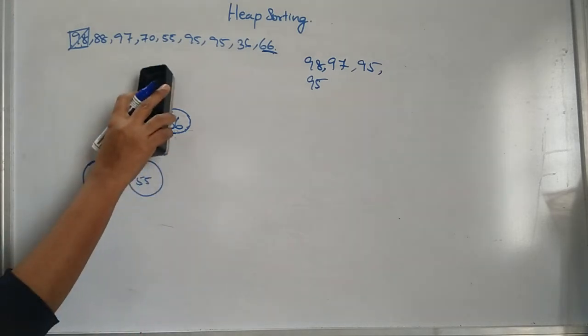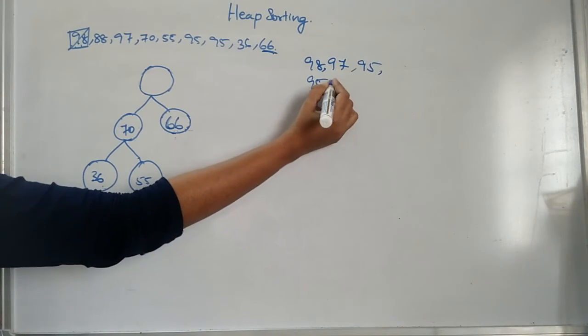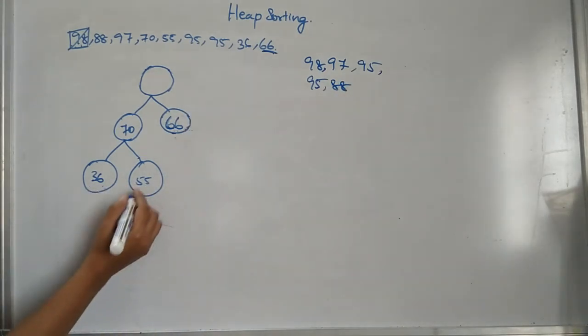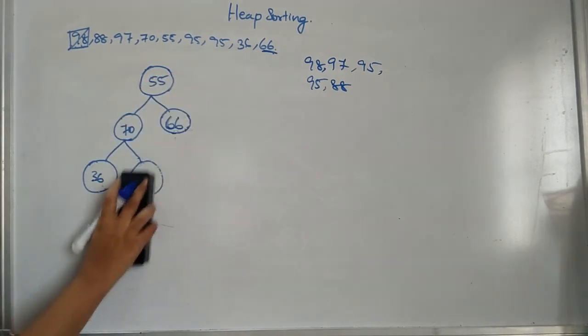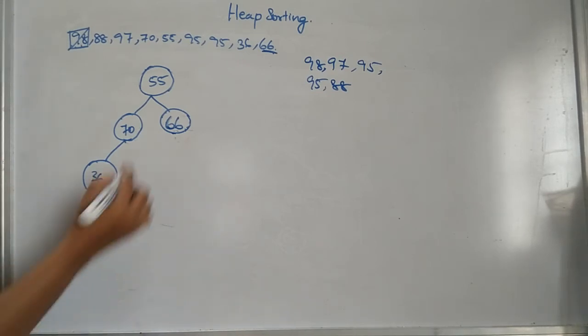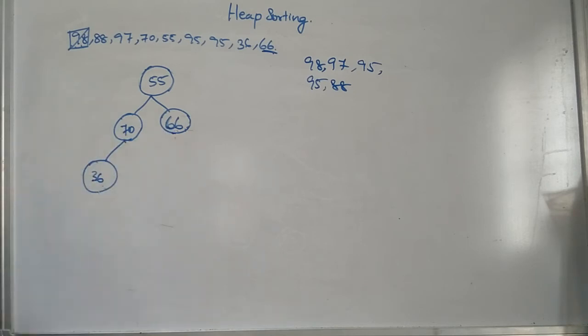After this stage, I am going to remove this element 88. If I remove 88, it must be filled with the last element. The last element is 55, so put 55 here and remove this node. Now check for the condition: 55 is less than 66 and 70.